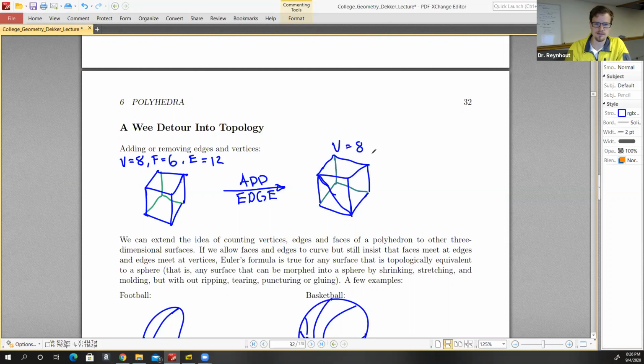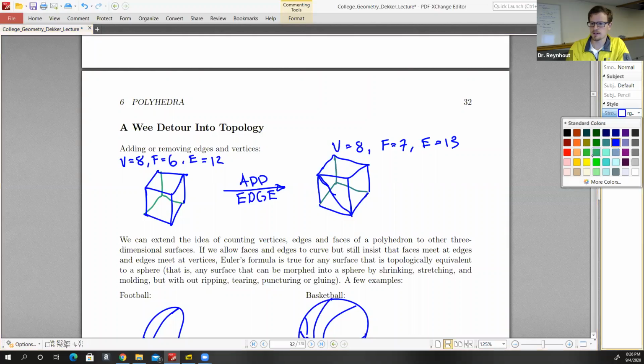We still have 8 vertices. The number of faces has increased because we took one of them and split it into 2. So now there's 7 faces. And edges, well, we added 1 edge. So E is equal to 13.